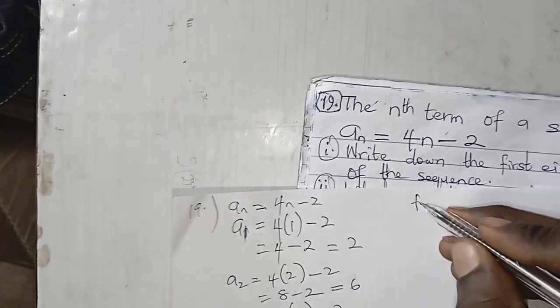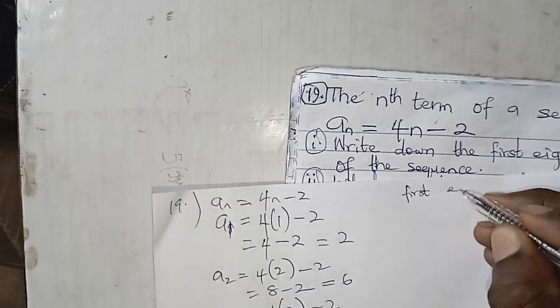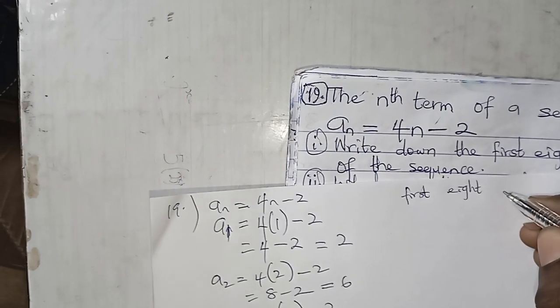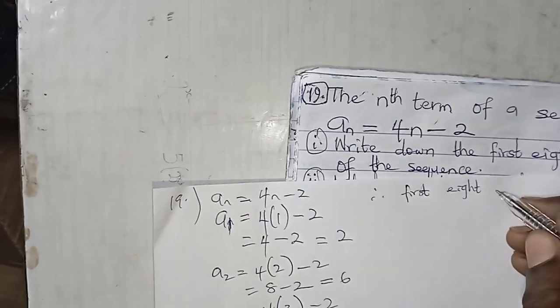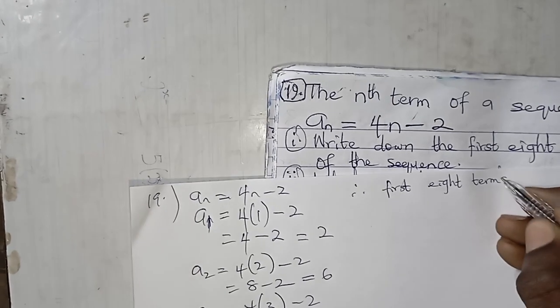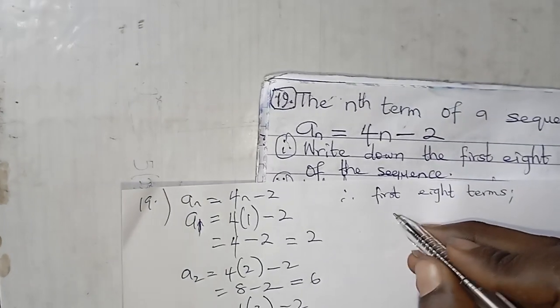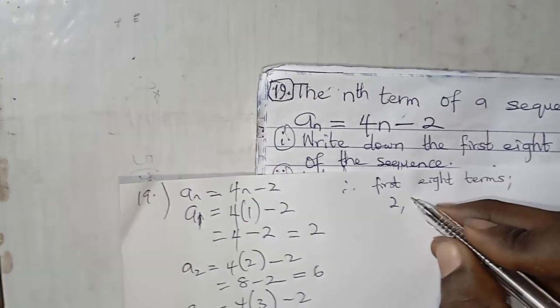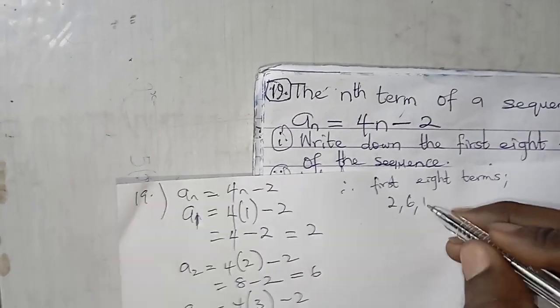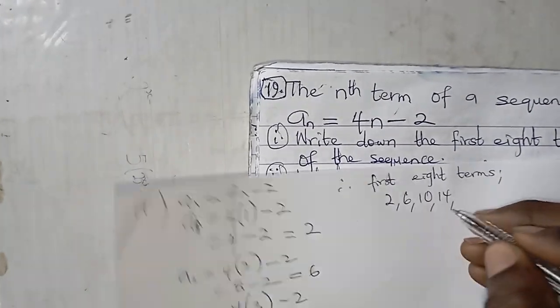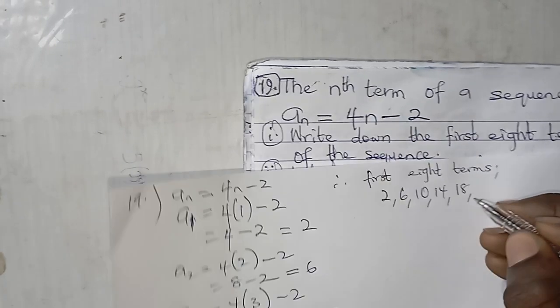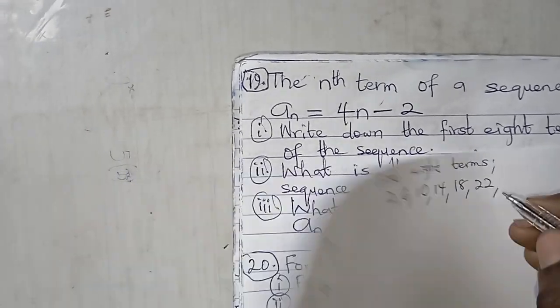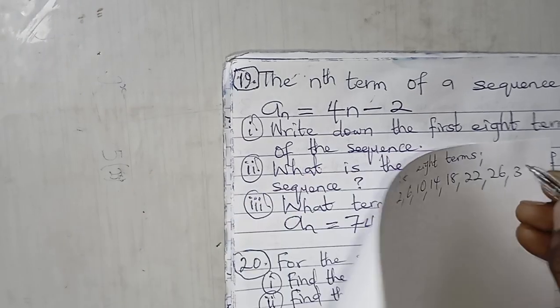So that means they said write down the first 8 terms. That means the first 8 terms are 2, 6, 10, 14, 18, 22, 26, 30.